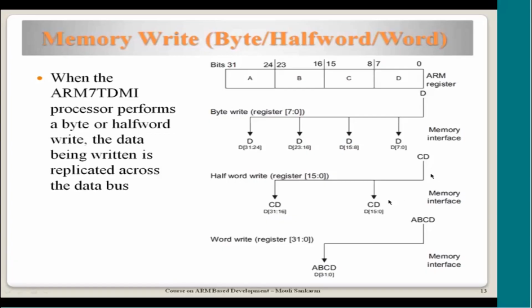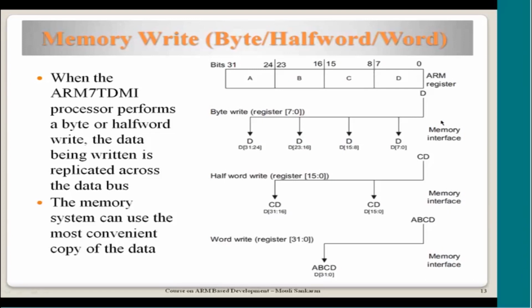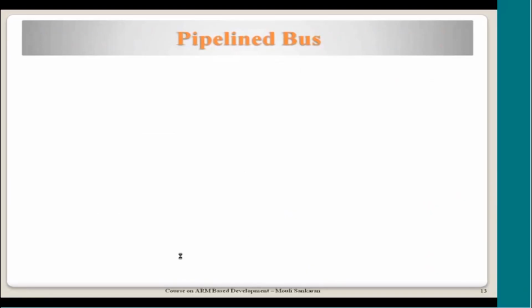If it is a half-word transfer, it is driven onto both 16-bit halves of the data bus. So this is the way different word widths are written into memory from the processor, and memory can use the most convenient copy of the data.